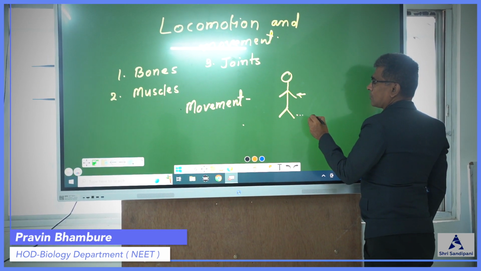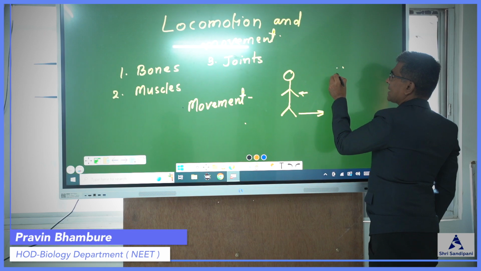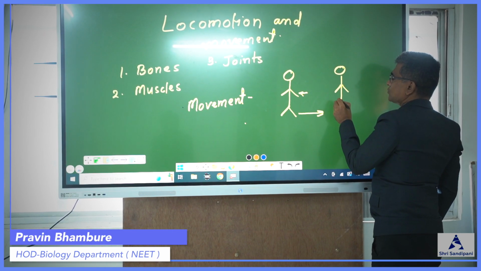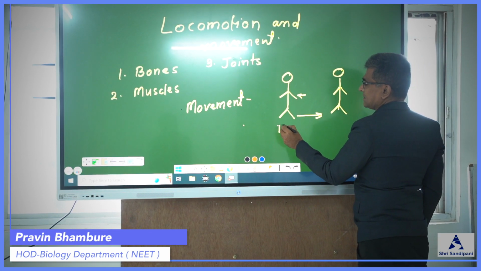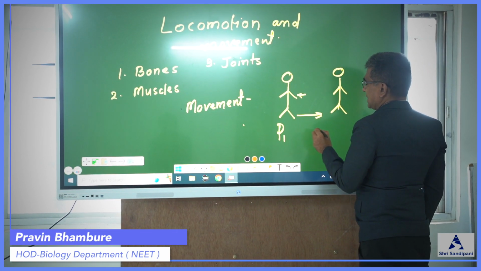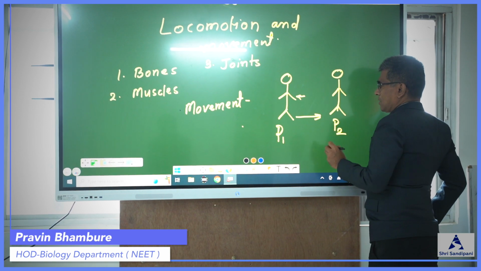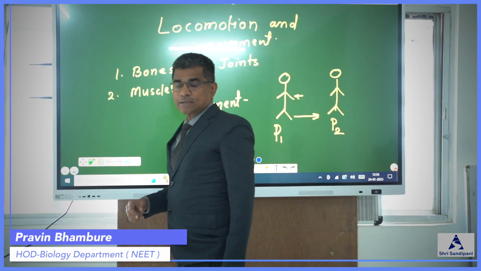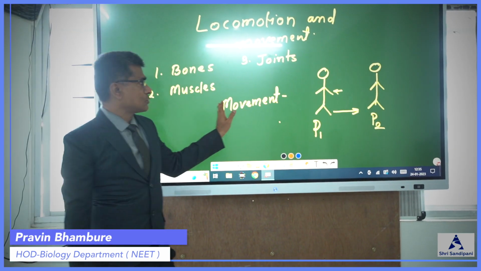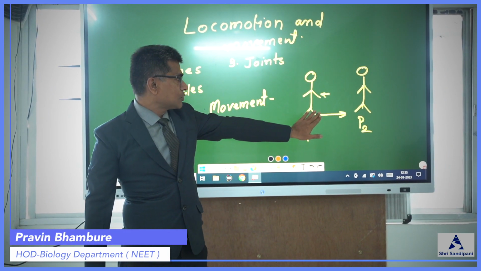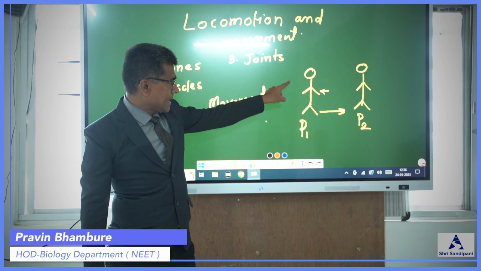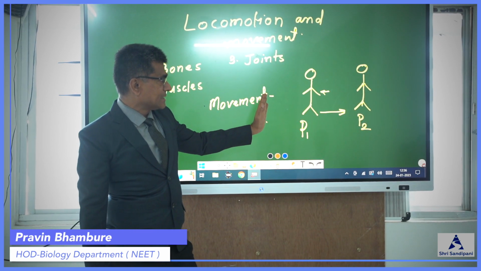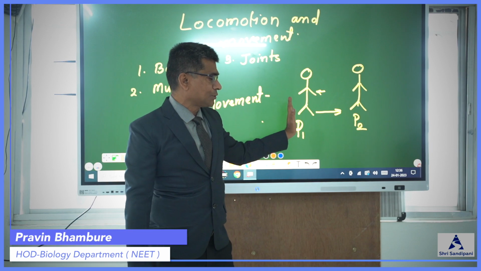Now when I talk about locomotion, the entire organism needs to make a movement and reach, say for example, this is position number 1 and this is position number 2. What is the difference? Here the movement has also occurred and also we will say locomotion has also occurred. How? There are two ways. The entire organism is getting displaced from position 1 to position 2.